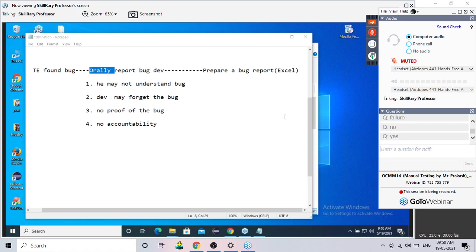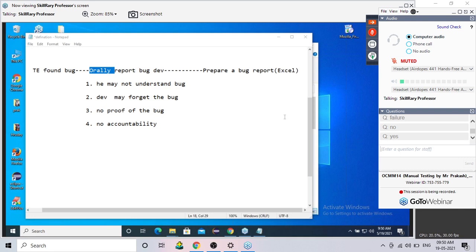That is, he may not know the exact location of the bug. Are you understanding the meaning of it? He may not understand the bug means he may not know the exact location of the bug. Is the statement clear?